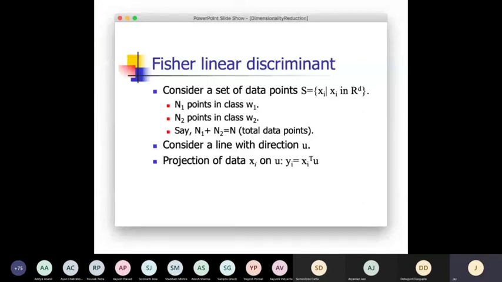So we are trying to get some objective function so that the separation gets maximized. This is the projection of data xi on this direction u. Is it clear? Any doubt?